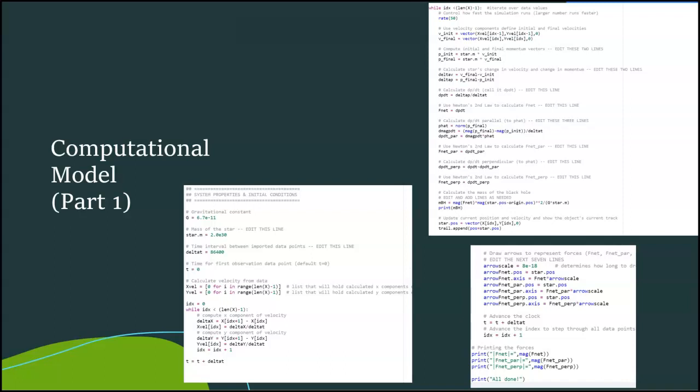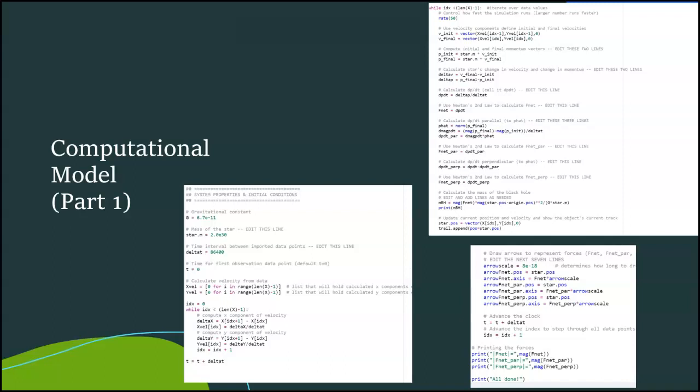We calculate the parallel and the perpendicular components of the momentum, and we set the parallel component for the net force to be equal to the change in momentum in the parallel direction, and the perpendicular net force to be the change in momentum in the perpendicular direction.